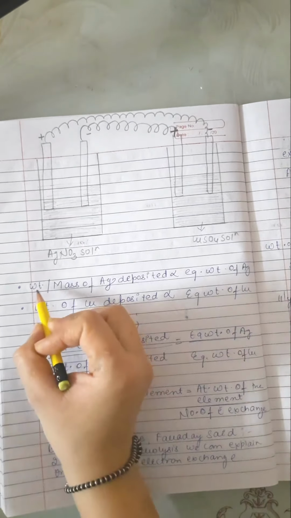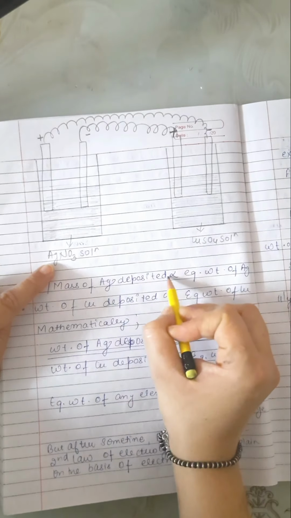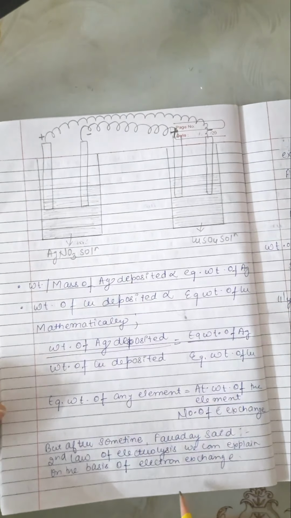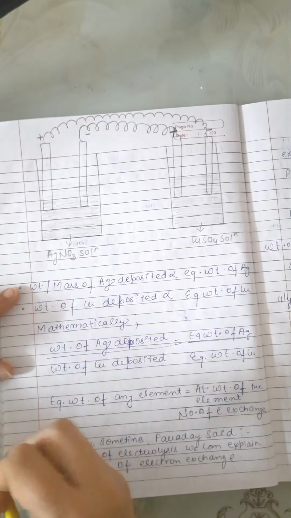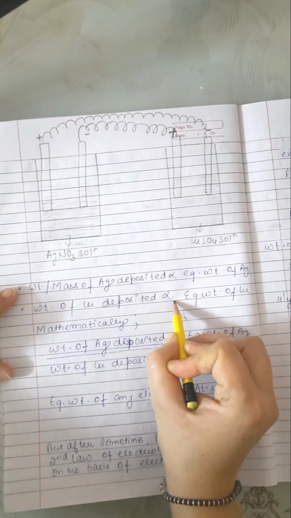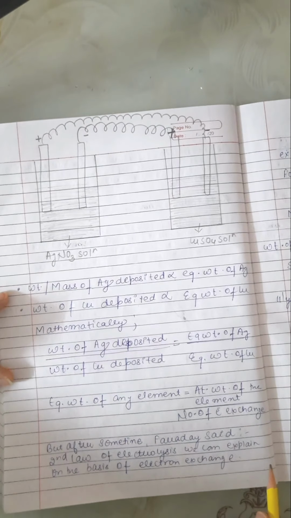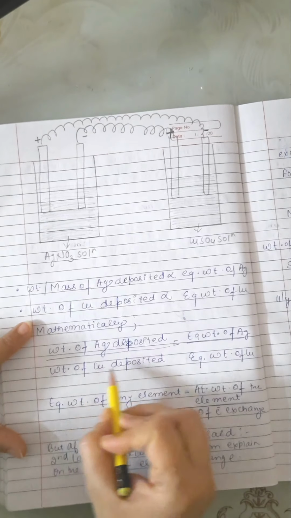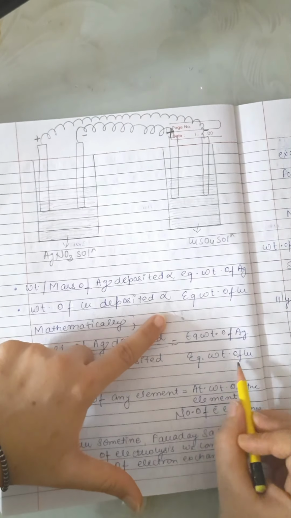For example, the weight or mass of Ag deposited is directly proportional to the equivalent weight of silver. Weight or mass of copper deposited at electrode will be directly proportional to the equivalent weight of copper. Then mathematically we can write weight of Ag deposited upon weight of copper deposited is equals to the equivalent weight of the silver upon equivalent weight of the copper.